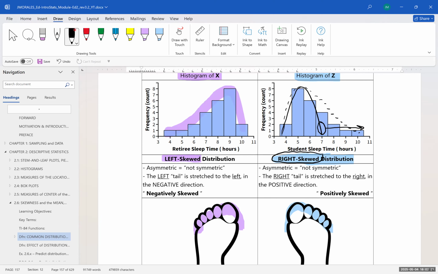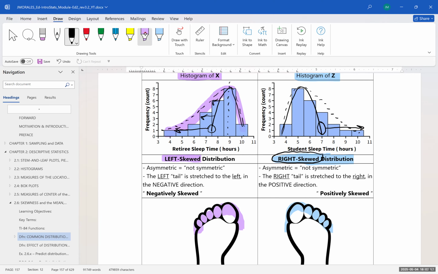Likewise with this one on the left, which is left skewed: if it was symmetrical, it might look something like that. But if you grabbed the left-hand side and skewed it to the left, then you would get a distribution shape that looks something like this. So that is skewed to the left.